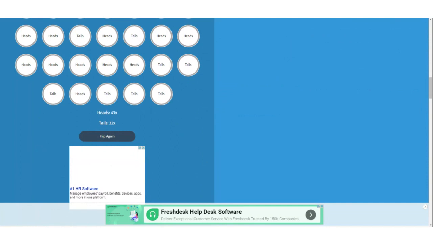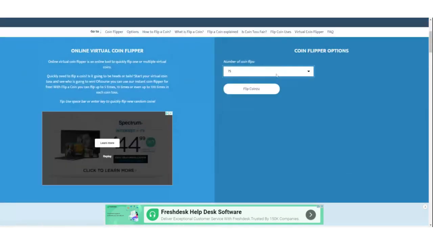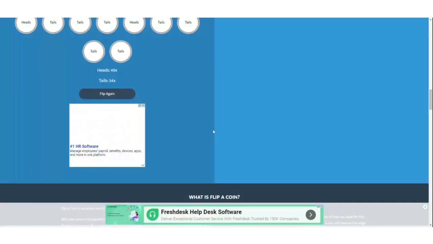It's getting closer to 0.5, which we would expect it to be. And let's do it one more time. So for 100 times, we've got 46 heads out of 100. Now, that's lower.